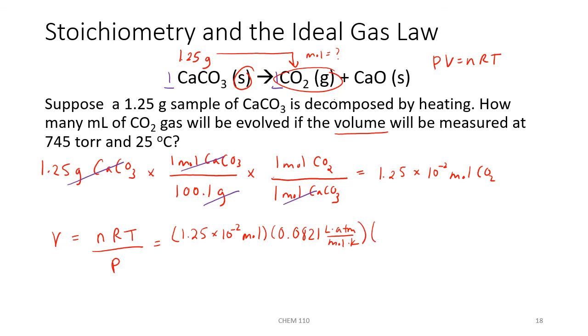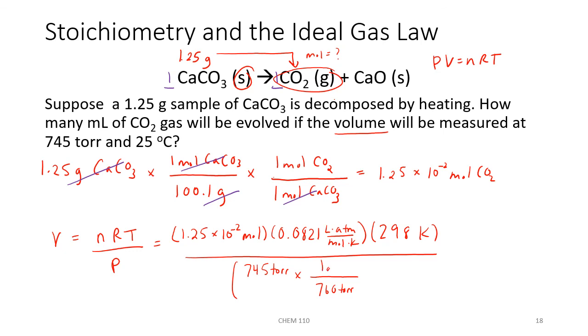Our temperature was 25 degrees Celsius, which is 298 Kelvin, divided by our pressure, which is 745 torr, divided by 760 torr per 1 atmosphere.